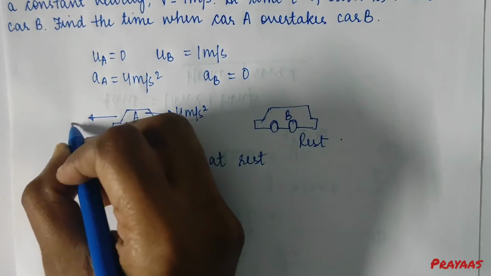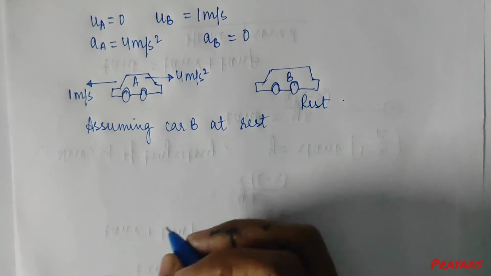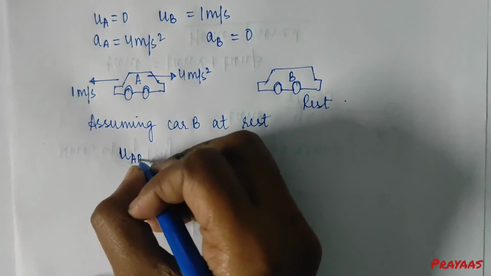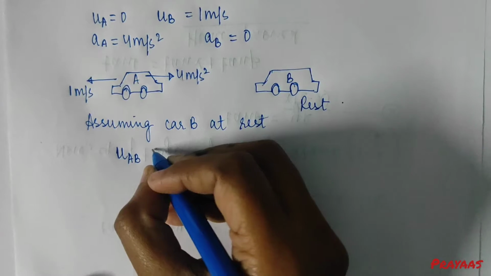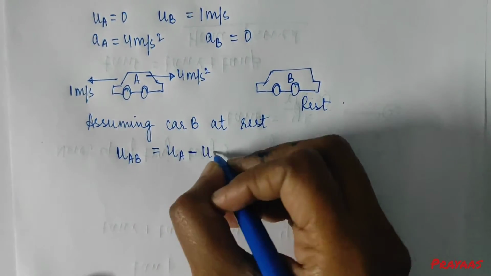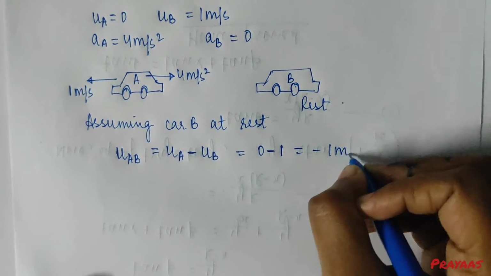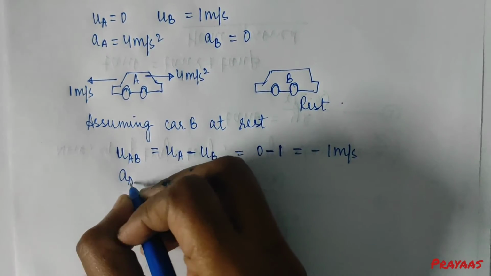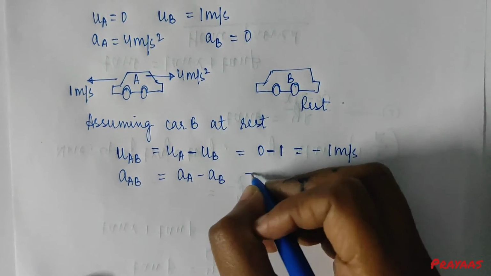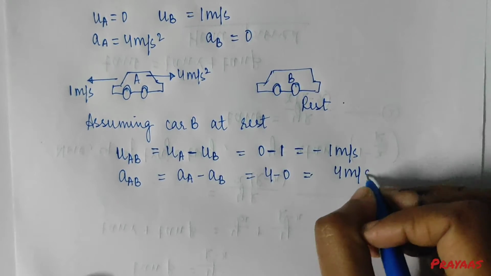So it will have a velocity initially of 1 meter per second. So I can write the velocity of car A with respect to car B, because car B is at rest right now. This will be velocity of car A minus velocity of car B. This will be 0 minus 1, that is minus 1 meter per second. And acceleration of car A with respect to car B will be acceleration of A minus acceleration of B. This will be 4 minus 0. This will come out to be 4 meter per second square.